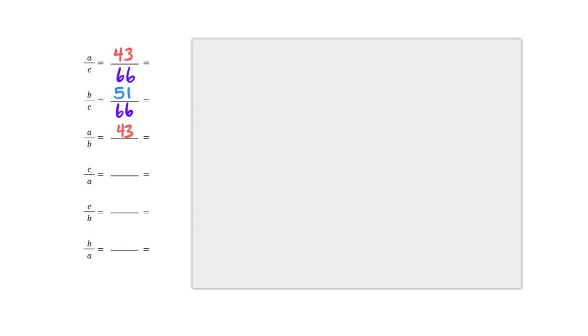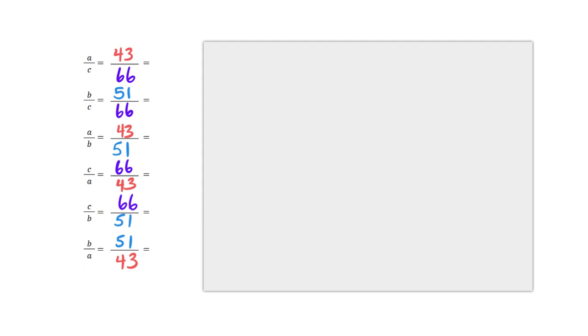Take side A, divide it by side B. Then you'll notice the last 3 are all the first 3, but flipped. So then what I'm going to do is take C, divide it by A, take C, divide it by B, then take B, divide it by A. There are your 6 ratios. You will not have those same numbers on your page because you drew a different triangle. But you take your sides A, B, and C and determine those 6 ratios. What I want us to do is to go ahead and calculate it, and we'll see how well we do.